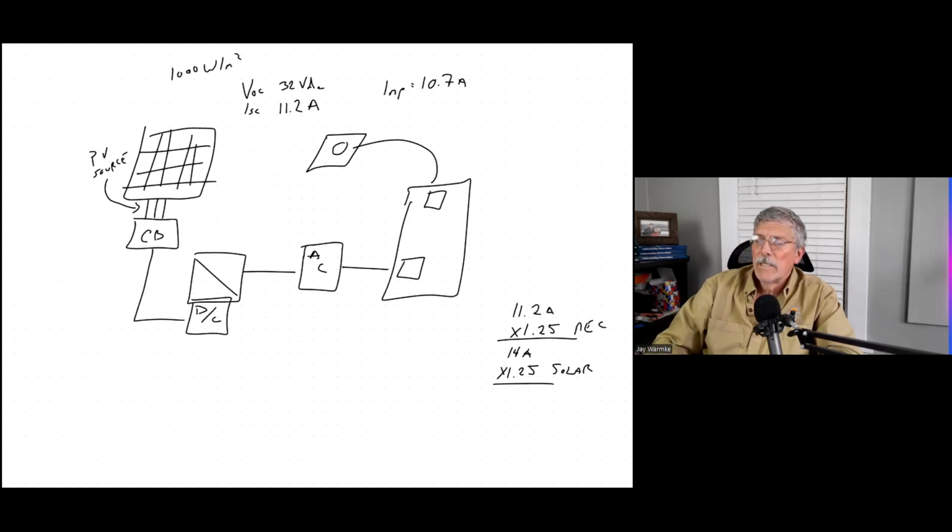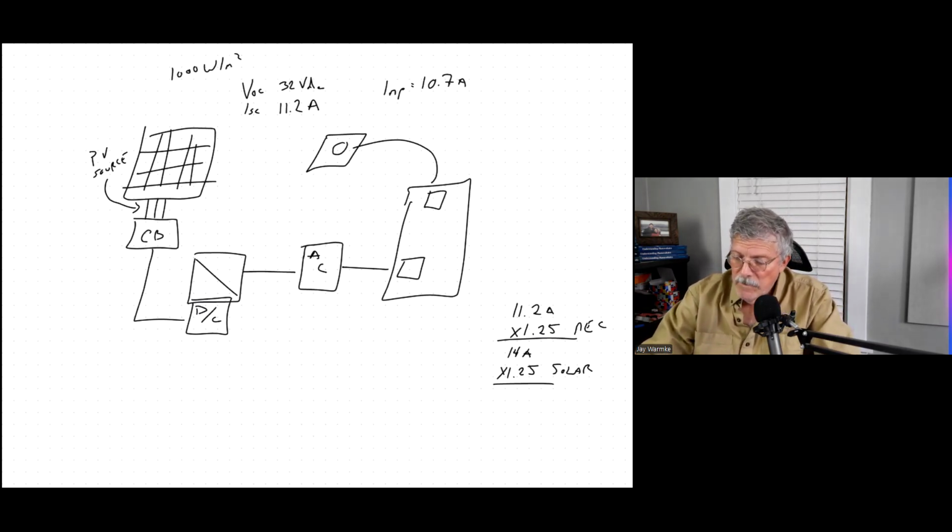So the assumption is, on a normal day, we're going to lose about 300 watts as it goes through the atmosphere to reflection, to scattering, to all of that. But it could be higher. It could be 1,200. So we're going to put another multiplier, 1.25, saying that it might be as high as 1,250. Be very rare, but just to be safe. So we're taking the 14 amps times 1.25, and it's now 17.5 amps.